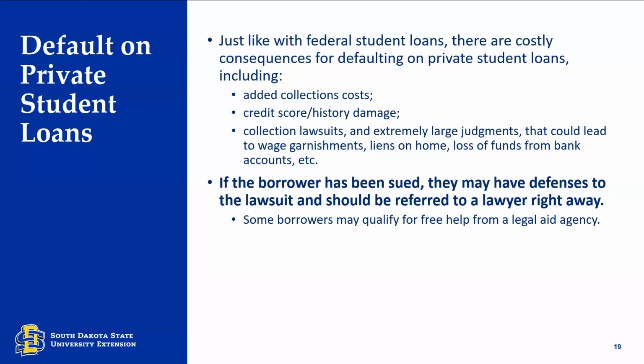If a borrower has been sued, they may have defenses to the lawsuit and should be referred to a lawyer right away. And some borrowers might qualify for some free help from a legal aid agency.